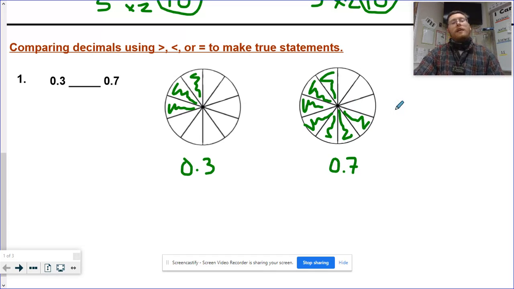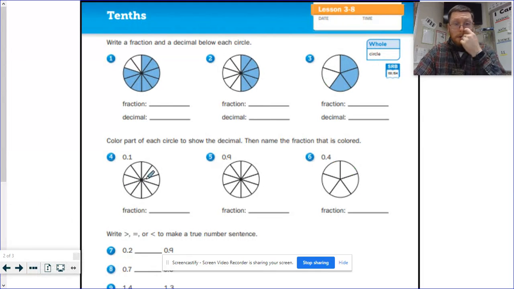Done. Now I have to ask myself, how can I make this a true statement? Well, which one is larger based on my model here? 7/10 is larger. So I create 0.3 is less than 0.7.